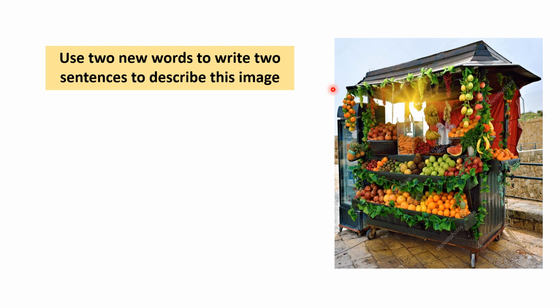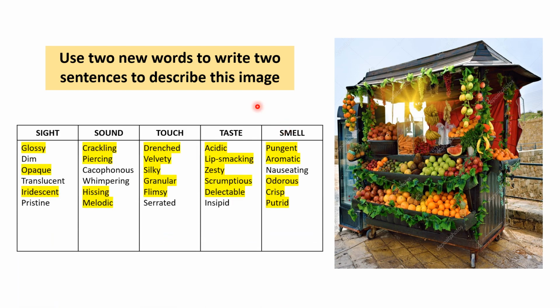So it's very important that we can look at an image and we can create descriptions from that image. So below I have highlighted in yellow the words that we haven't used yet in the sentences. So pause the video now, choose 2 of these highlighted words to write 2 sentences to describe this image.